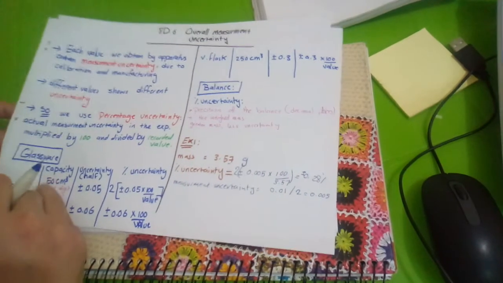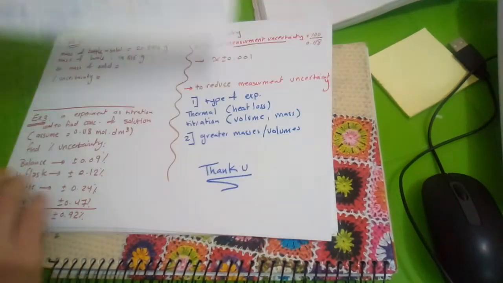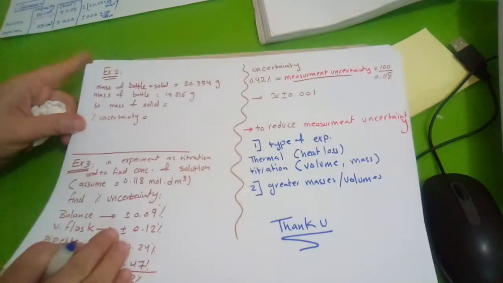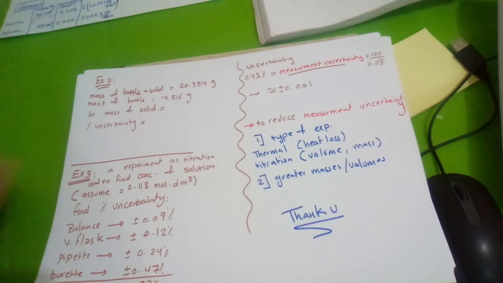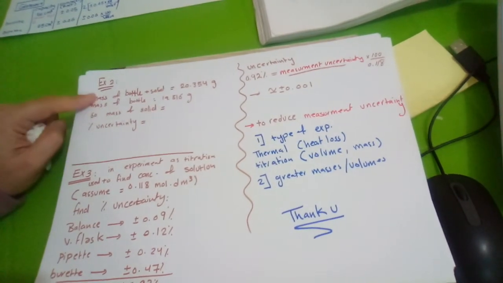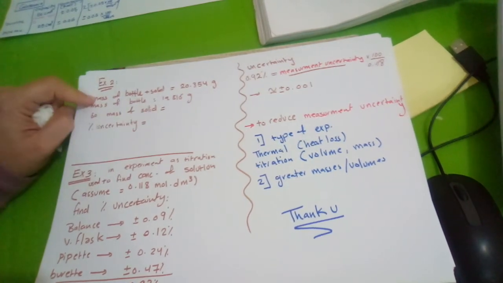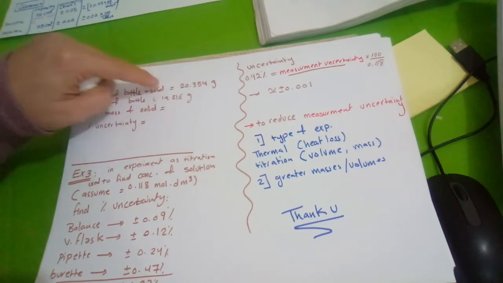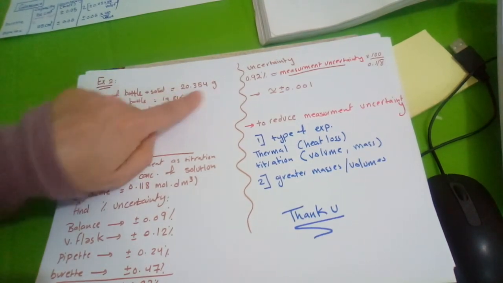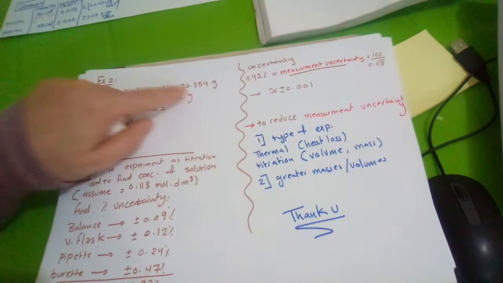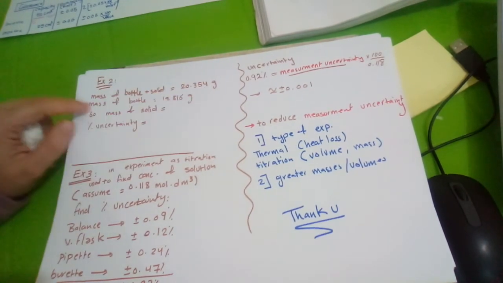Okay, now let's take another example. In that example, we use a balance in order to weigh a mass of a solid. I put the solid in a weighing bottle, then I measure it with the solid, and we got this value: 20.354 grams.